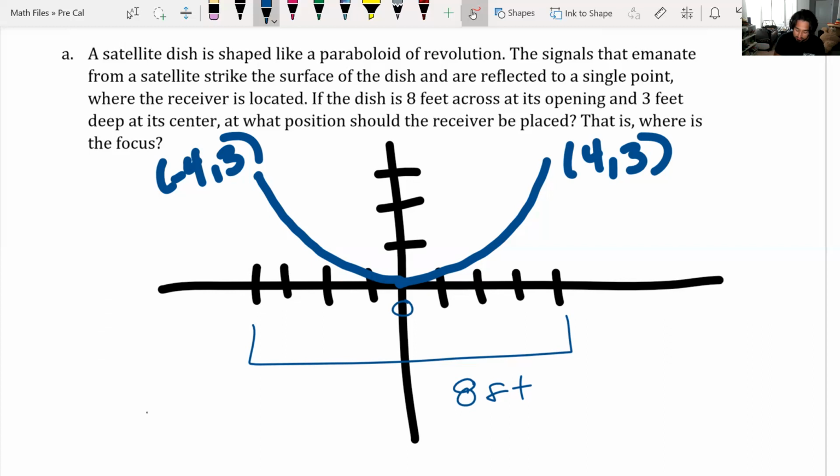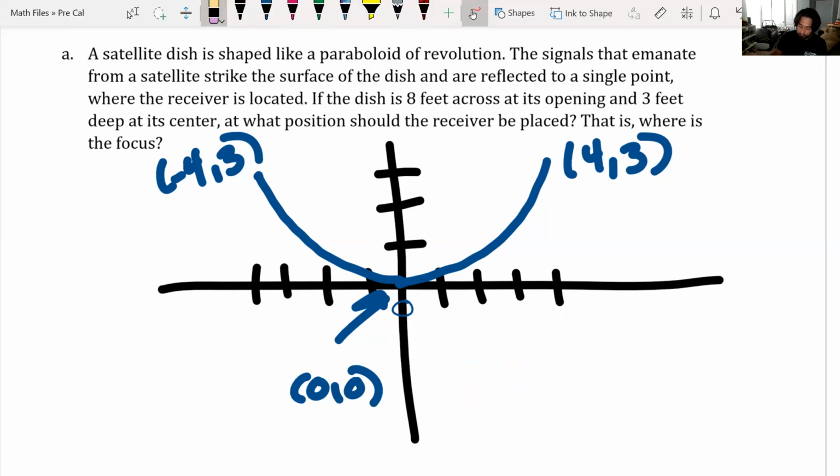The vertex is at 0, 0, okay? The vertex is at 0, 0. All right. That's the vertex.